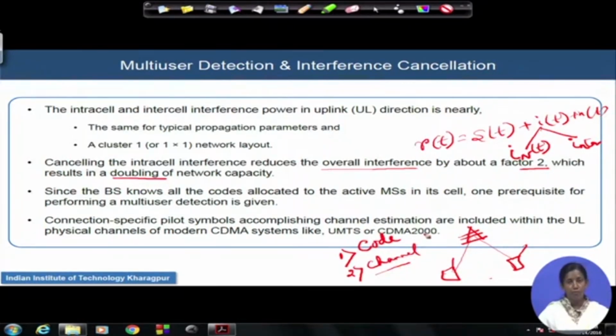In the uplink both are feasible, it seems, because the code is known to the base station, he has distributed the code, and if I give different channel training sequences in the preamble for different users, then using those different training sequences, the channel estimation is also possible. Hence, it seems that multi-user detection and cancellation is quite possible in the uplink direction, and this is really used also in modern code division multiple access systems like CDMA 2000 or UMTS.